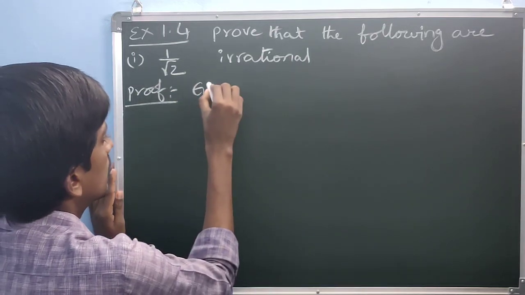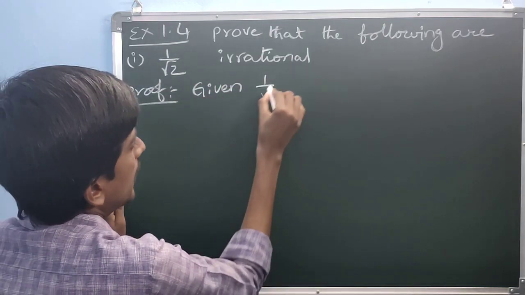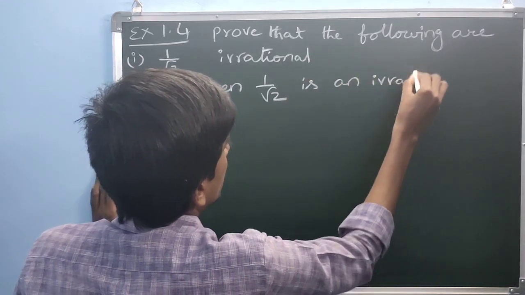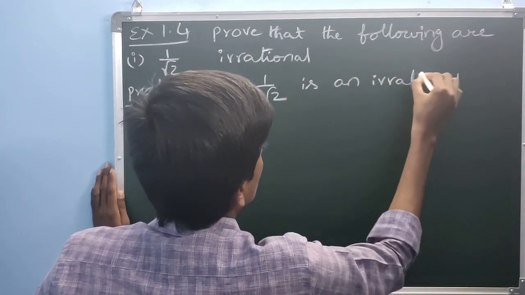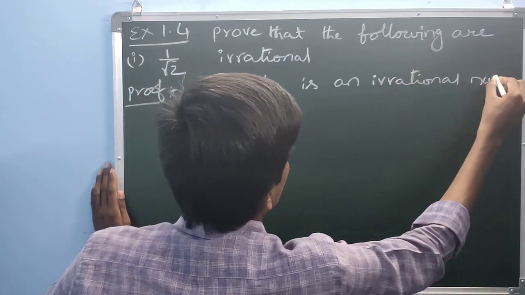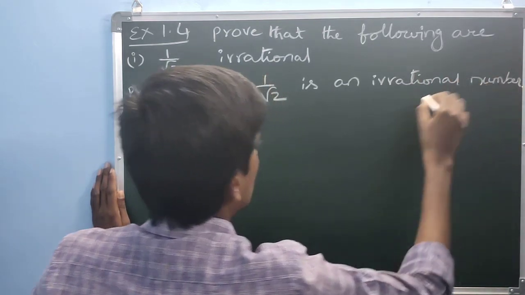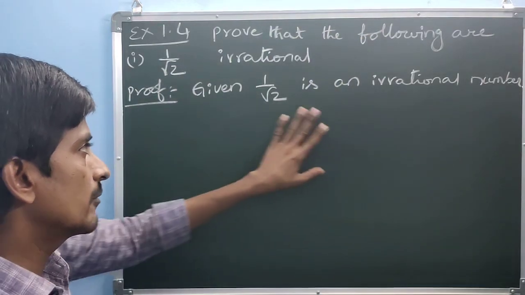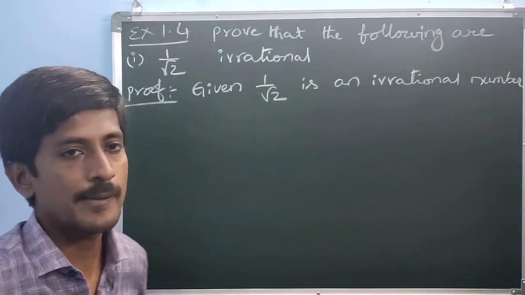Given: 1 by root 2 is an irrational number. Prove that 1 by root 2 is an irrational number.